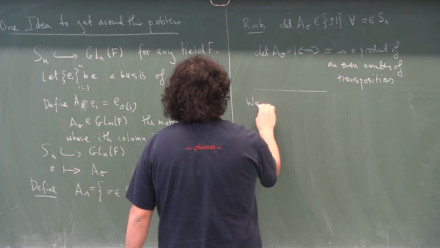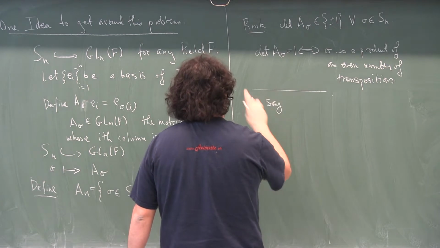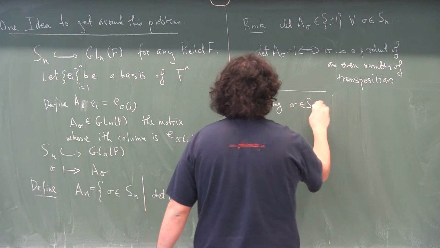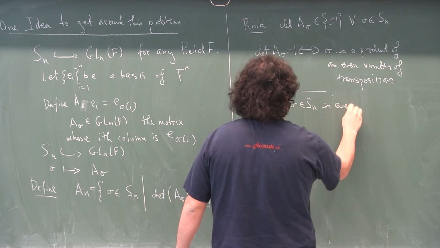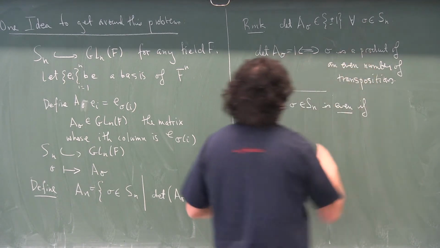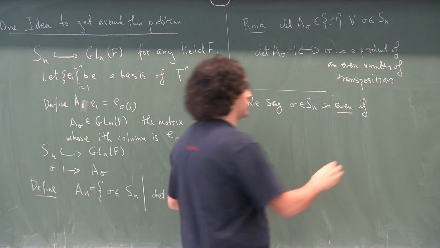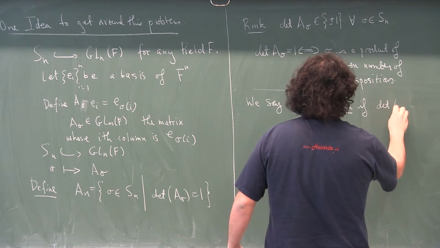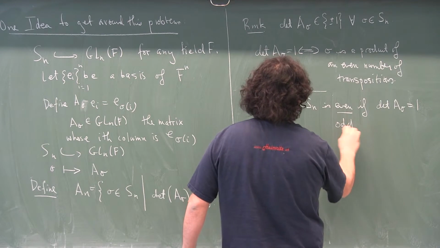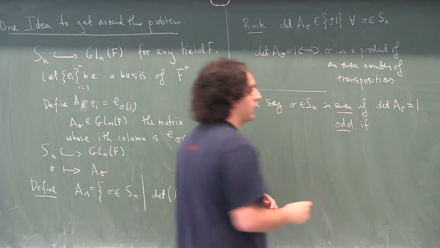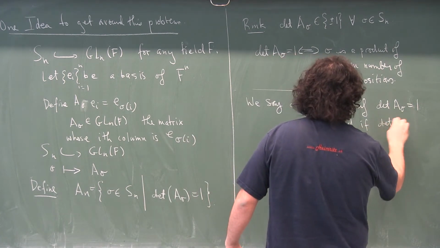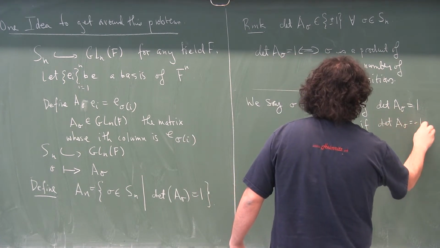And then we say, so I have already used the words, we say sigma in S_n is even if it's the product of an even number of transpositions, or equivalently, the determinant of A_sigma is equal to 1, and we say that it's odd if it's the product of an odd number of transpositions. Equivalently, the determinant of A_sigma is -1.